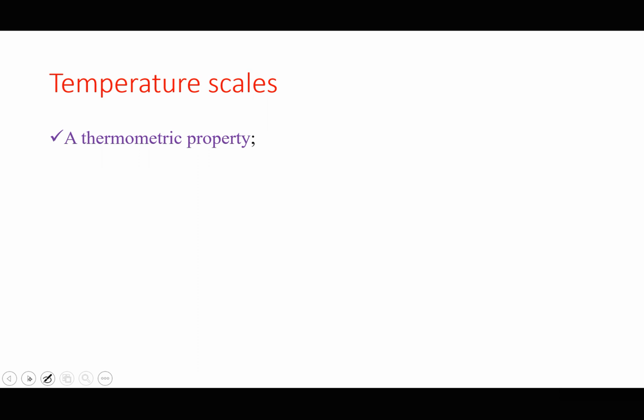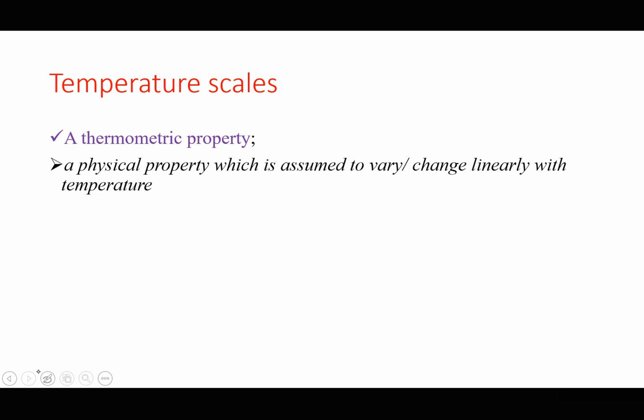Number two, a thermometric property is a physical property which is assumed to vary or change linearly with the temperature. That is a thermometric property. Rather than a thermometric property, you also need to come up with what we call fixed points. In fact, we need two fixed points. You cannot establish a thermometric scale or a temperature scale without fixed points.